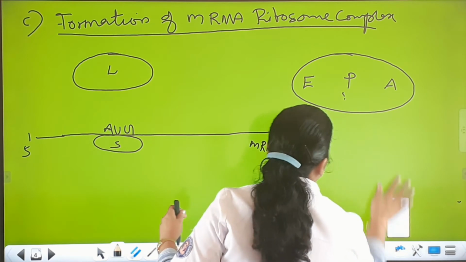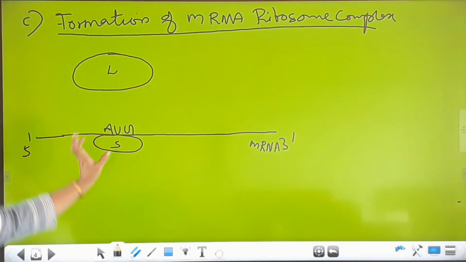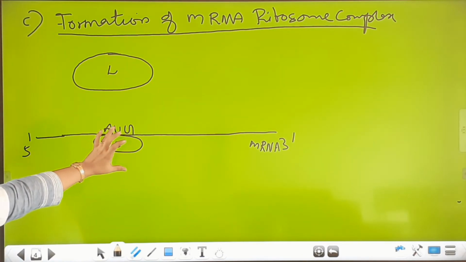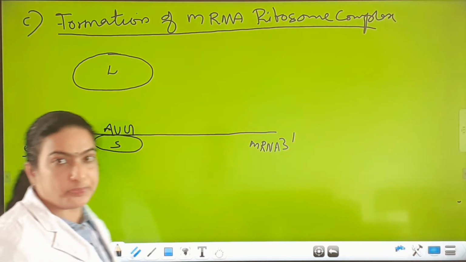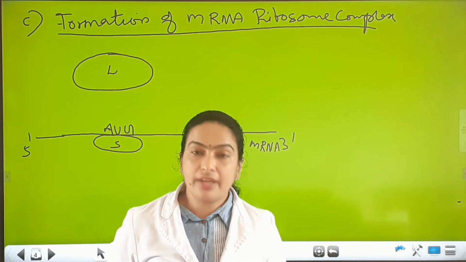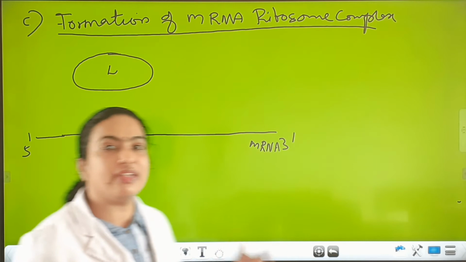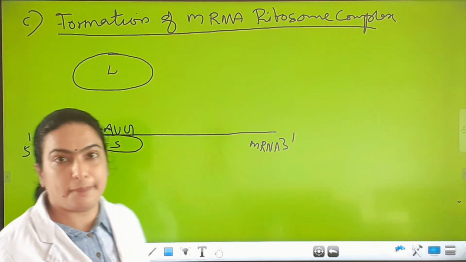And now we can see here the smaller subunit binds with the start codon of mRNA. Then a charged tRNA with the anticodon UAC can bind.